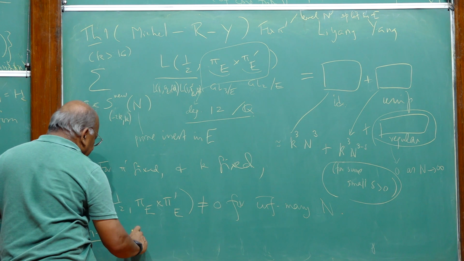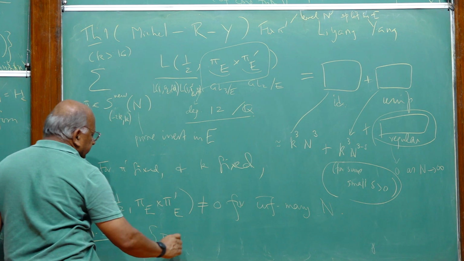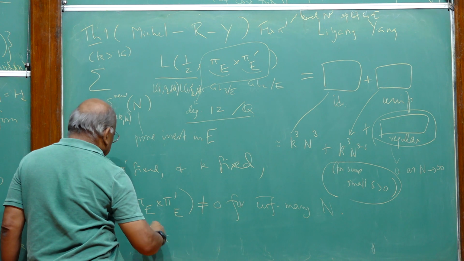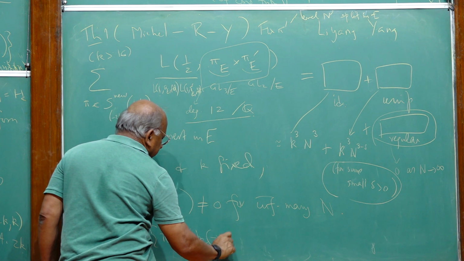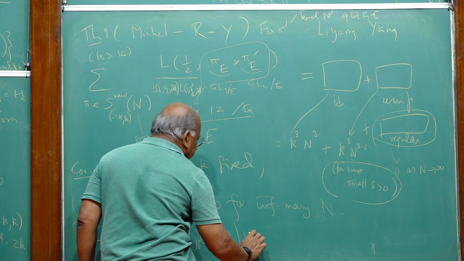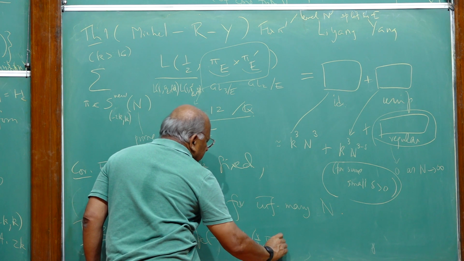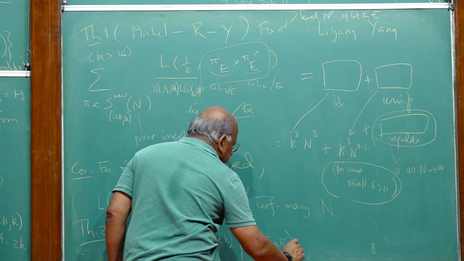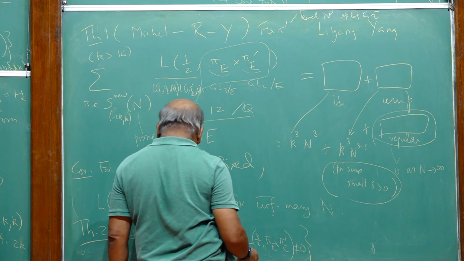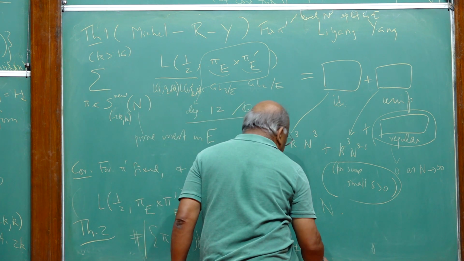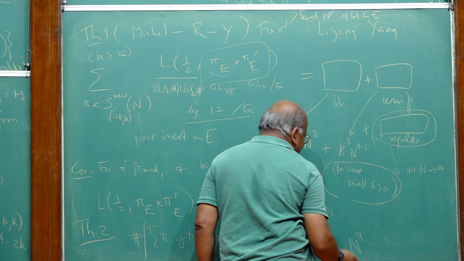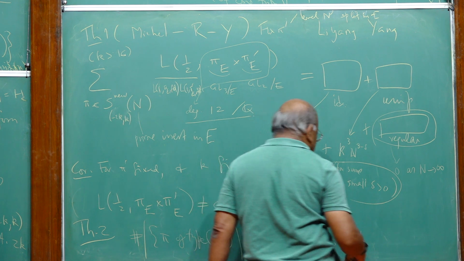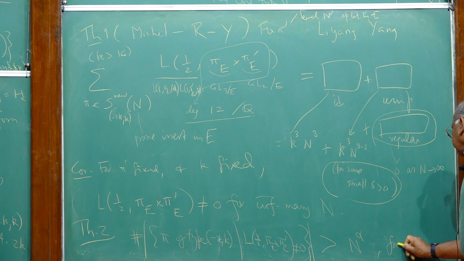It actually says that the number of pi of this type in this space, such that L 1/2 of pi e cross pi e prime is non-zero, if you look at the thing here, this goes like it's greater than n to some alpha, for some alpha positive.